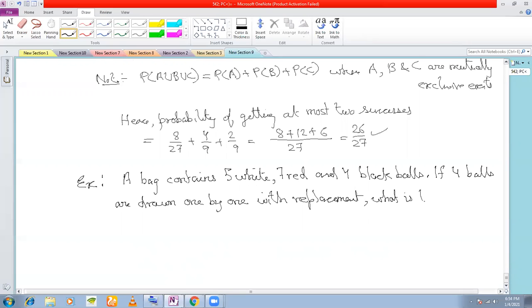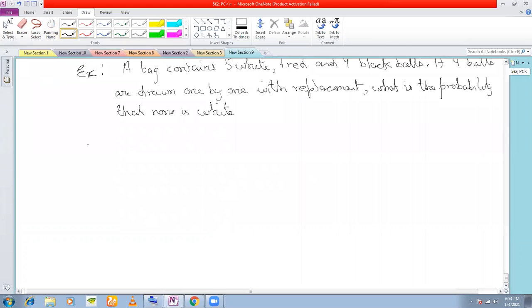What is the probability that none is white? None is white means, what do you mean by none is white?